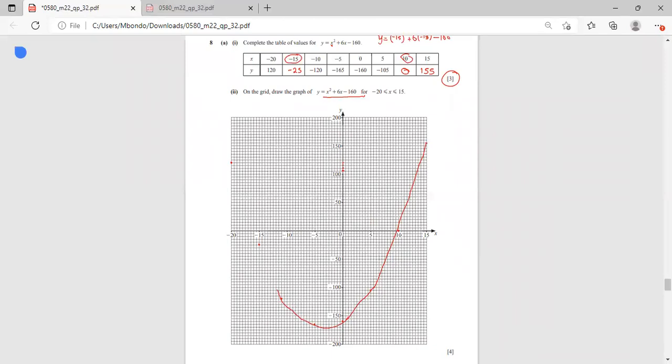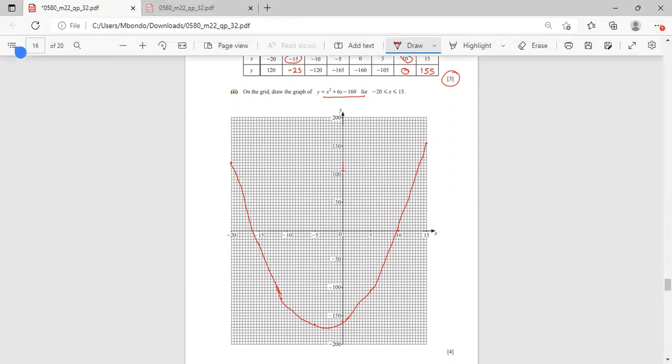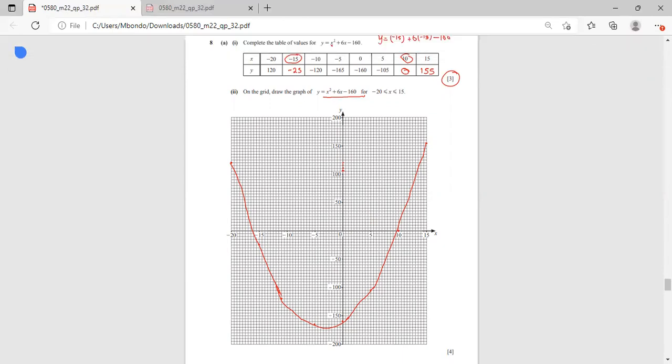Yeah, I've missed it somewhere. Anyway, that is it. We can do something like that or better.